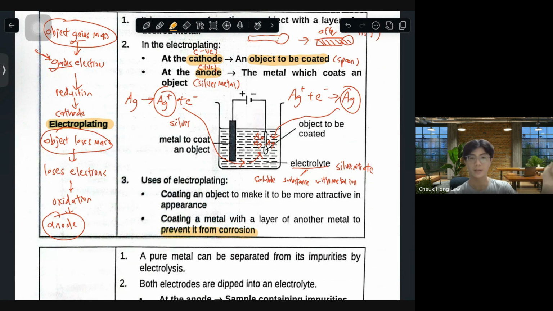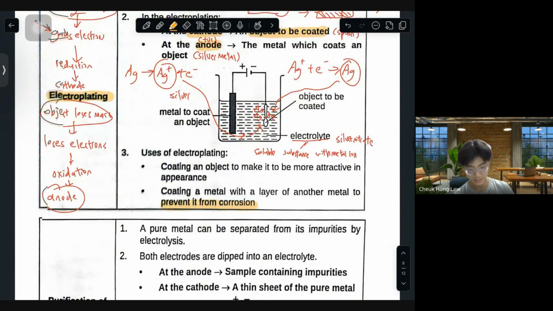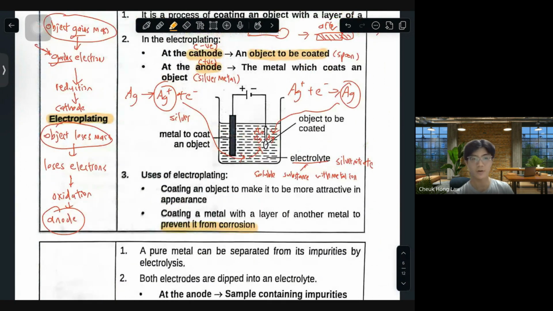To prevent iron from rusting. Electroplating is an example of sacrificial protection. You coat a metal with a layer of a more reactive metal so that it prevents corrosion. Any questions on electroplating?